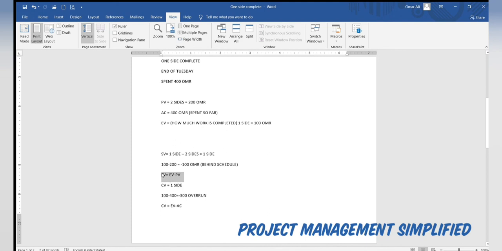So 100 riyals minus 200 riyals will be negative. With the negative sign here, that means this is behind schedule.